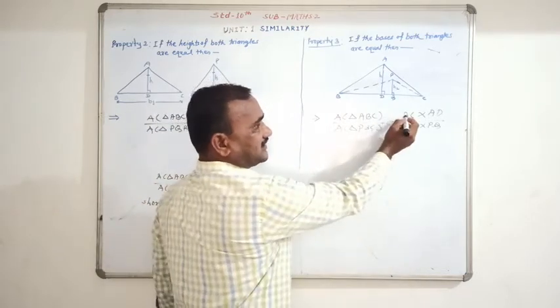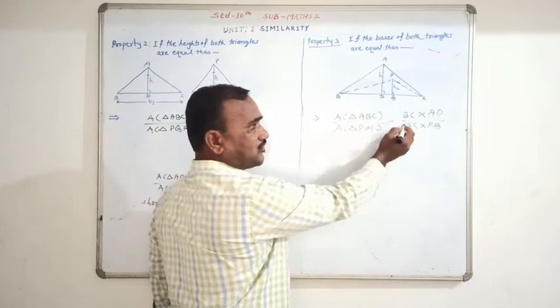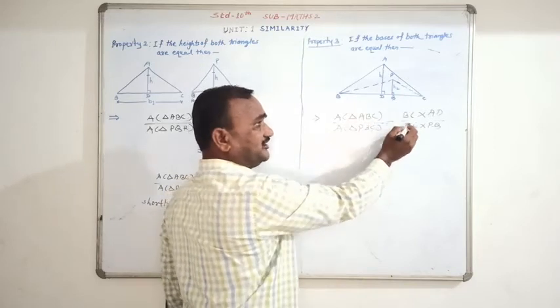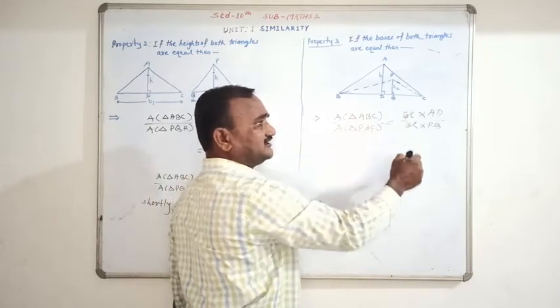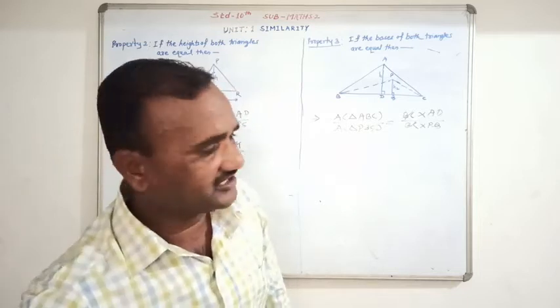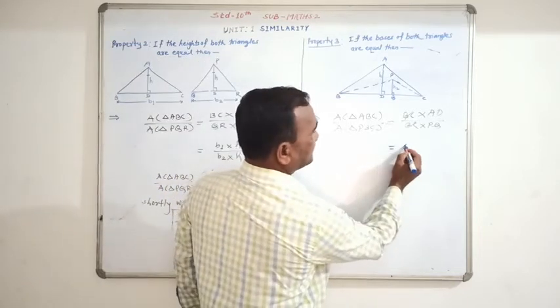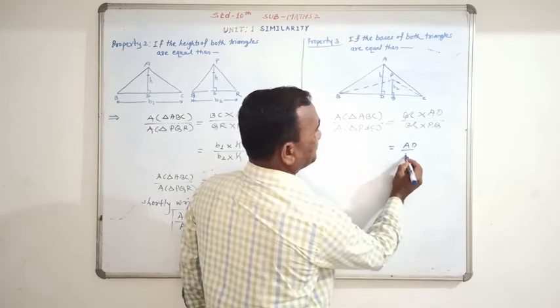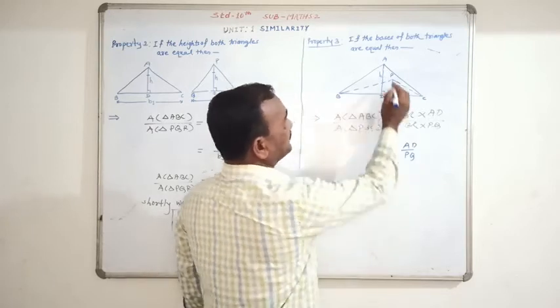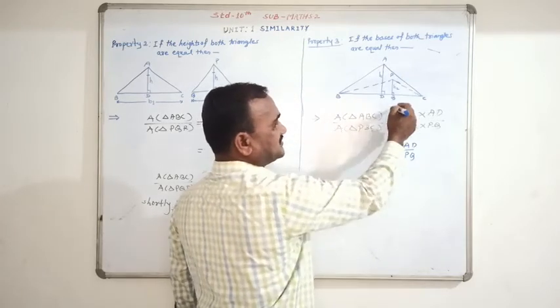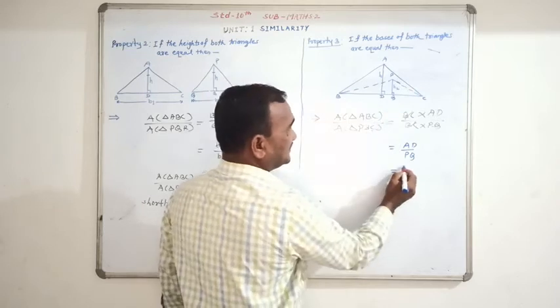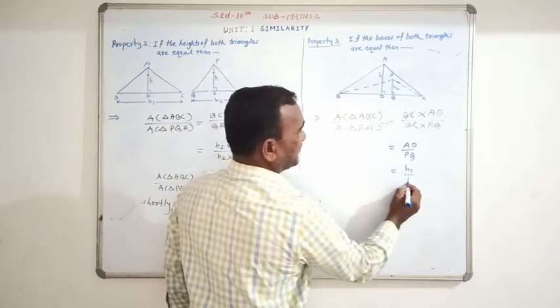So look at the figure. These triangles have the same base, common base, that means in numerator and denominator BC is the common factor that gets cancelled. So what we get here? AD divided by PQ. AD is the height of triangle ABC and PQ is the height of triangle PBC, that is H1 divided by H2.